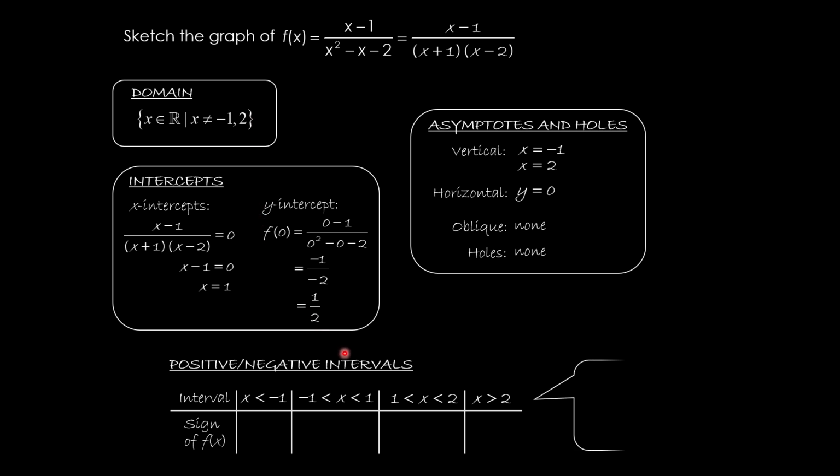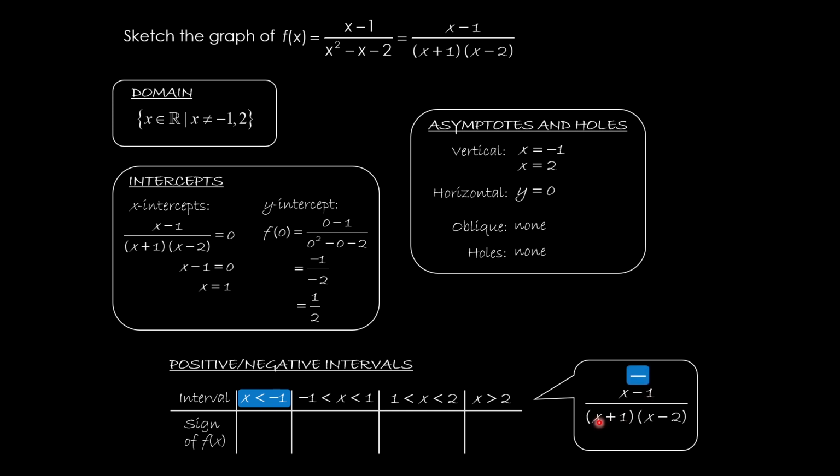All right, so let's start by looking at the sign of our function here on the interval x values less than -1. So let's just pick a number that's less than -1, perhaps -10, and sub it into our factored form here. Now we don't need an actual value, we're just interested in the sign of this, so we can really just look at the sign of each factor individually. And if we sub, say, -10 into x minus 1, we'd get a negative.